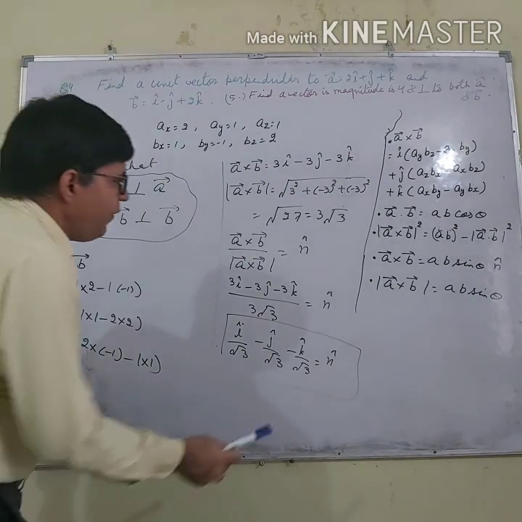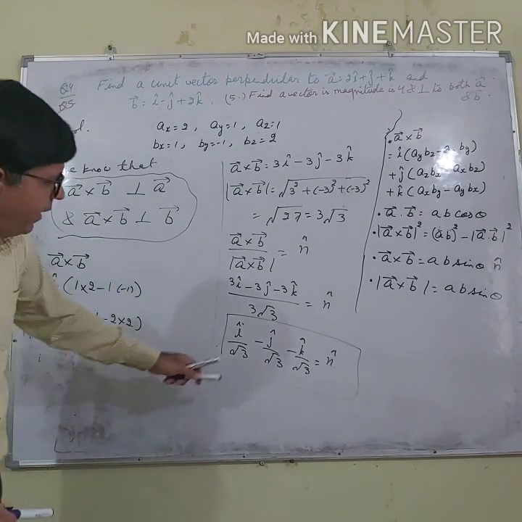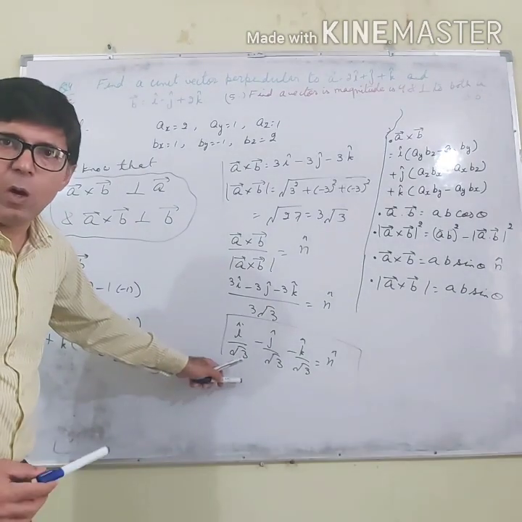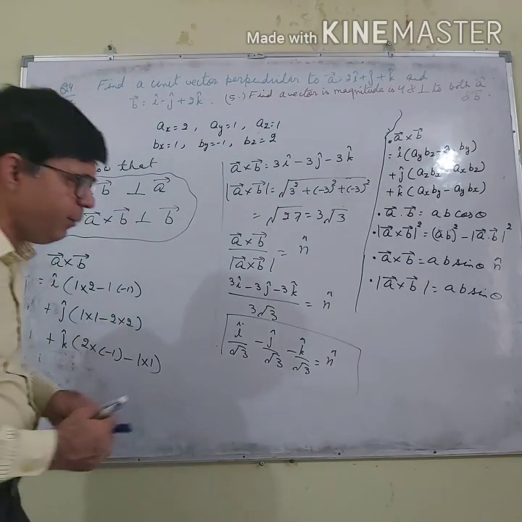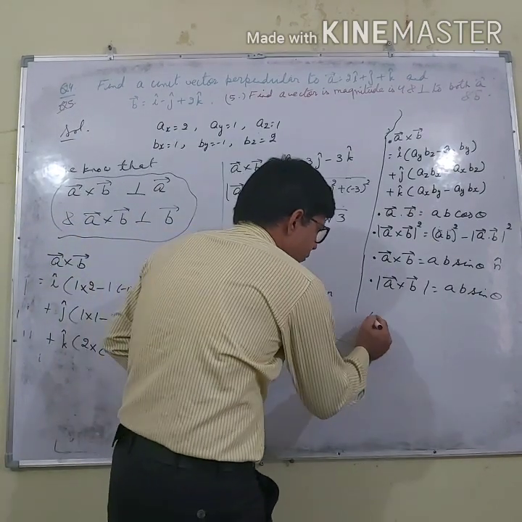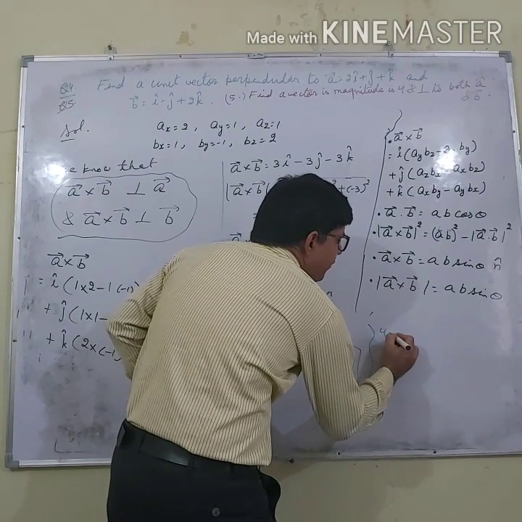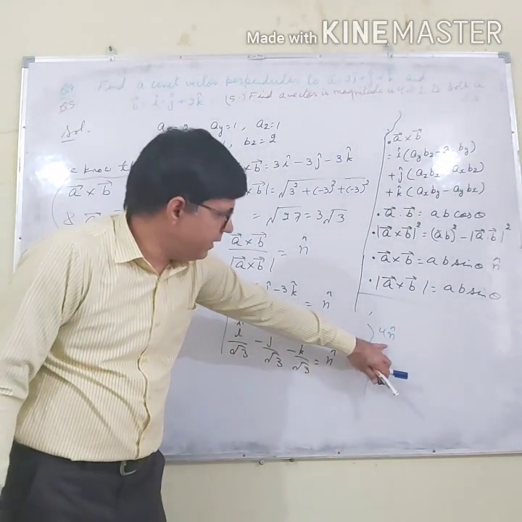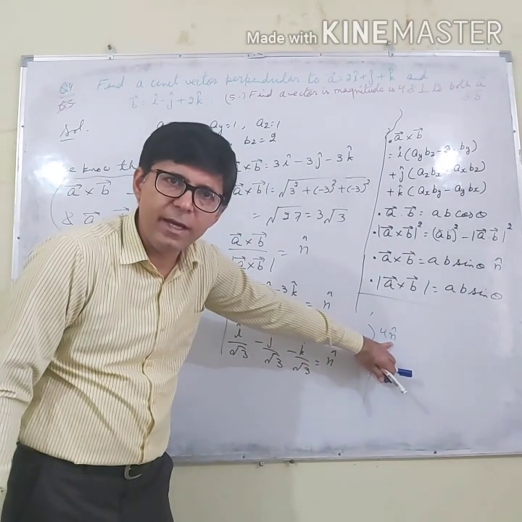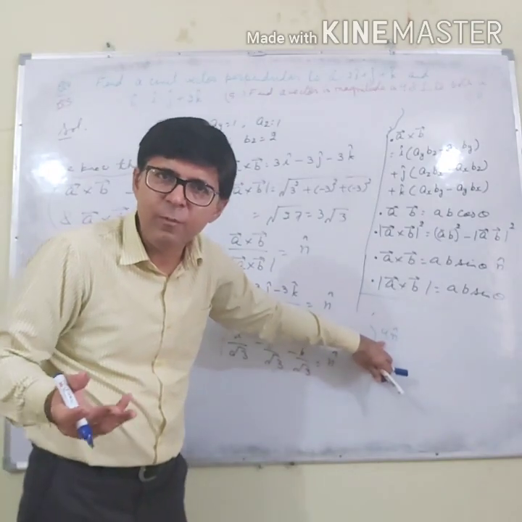See, the unit vector which is perpendicular to both A and B we have found here, but its magnitude is 1. So how can I find a vector whose magnitude is 4 and perpendicular to both A and B? It's very simple. I will have to find 4 n cap. N cap is a unit vector perpendicular to both A and B, it will give the direction, and 4 will give its magnitude.